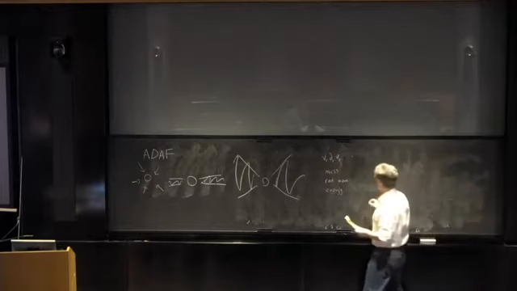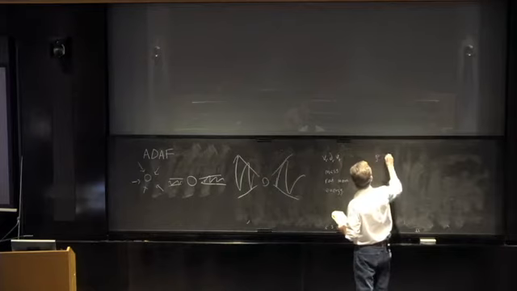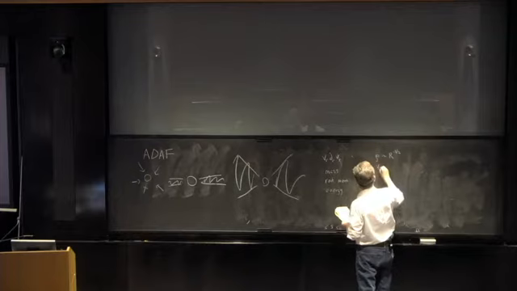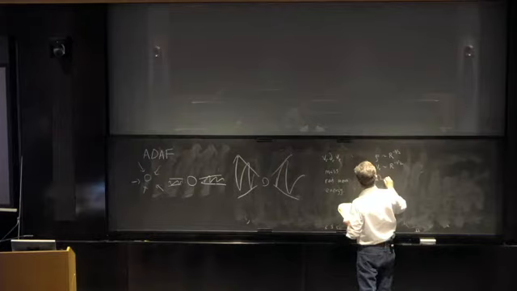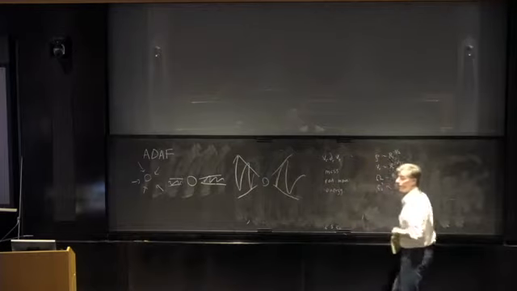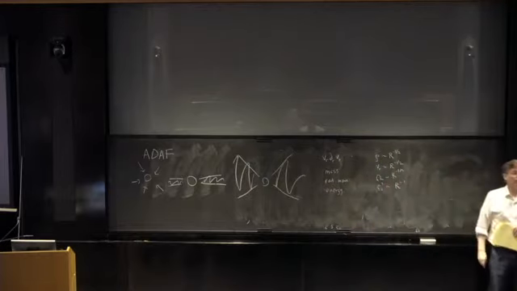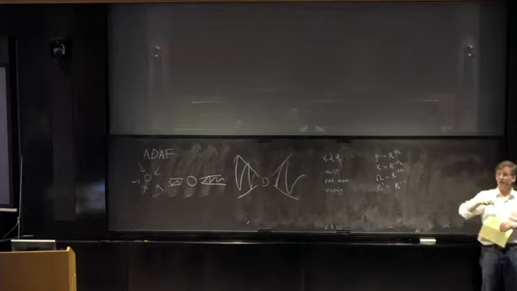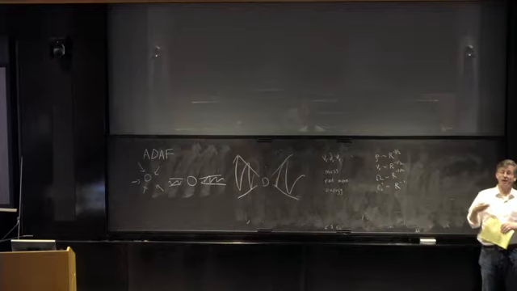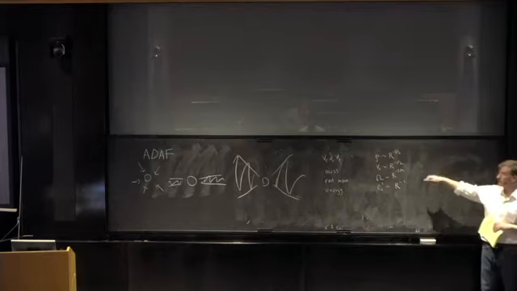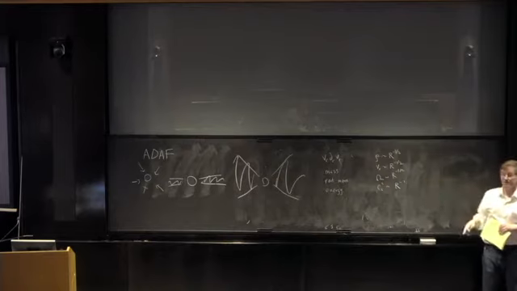So in particular, we assume that density goes as r to the minus 3/2. The radial velocity goes as r to the minus 1/2. That the orbital frequency goes as r to the minus 3/2. And that cs squared goes as r to the minus 1. Okay, so we can insert these in the basic equations, and what we're left with is a set of algebraic relations between the coefficients of these quantities.